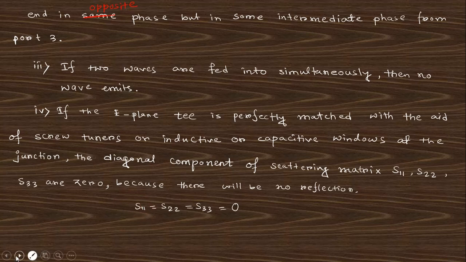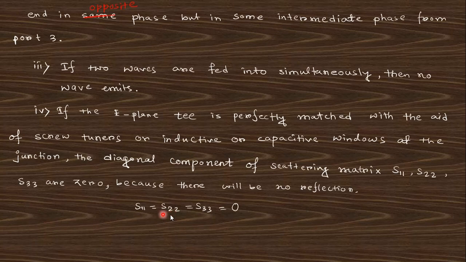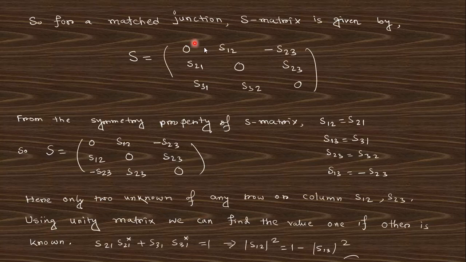So finally, if you want to write down the S matrix, that is the scattering matrix of these parameters, it will look like this. You can see here the diagonal elements, that is S11, S22 and S33, are 0.